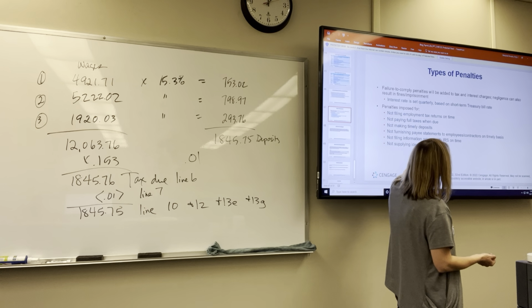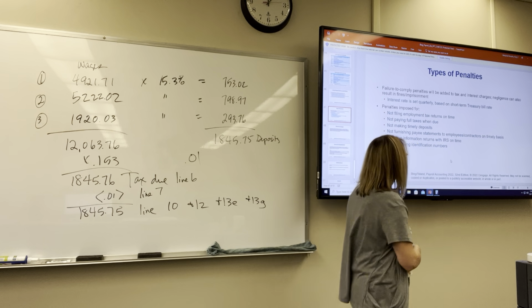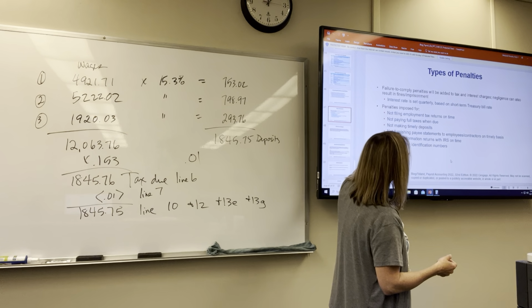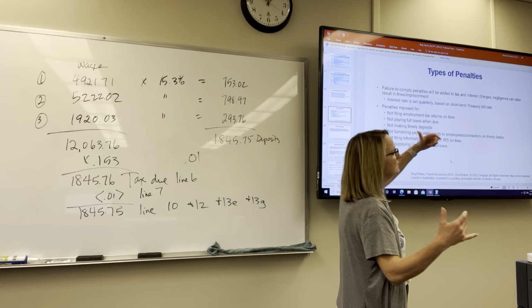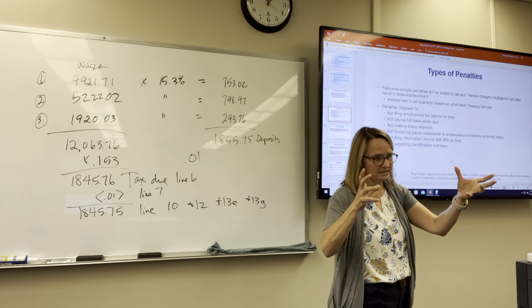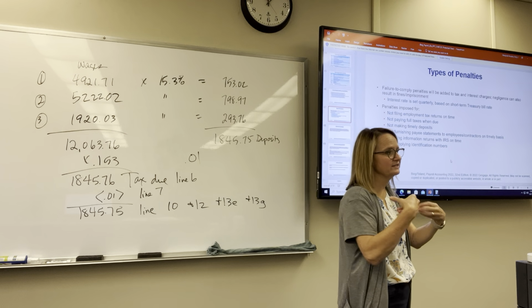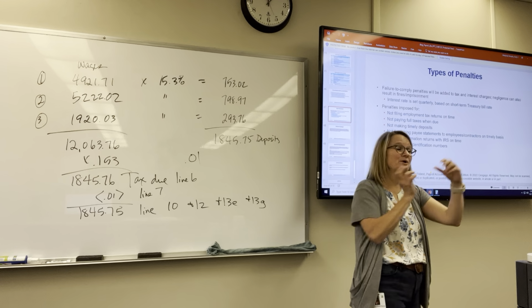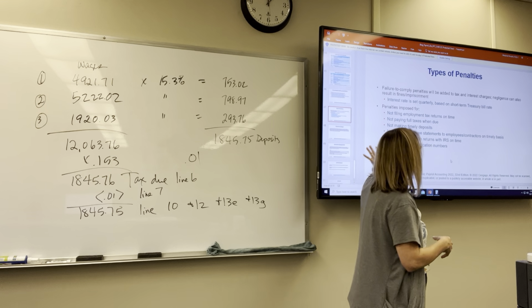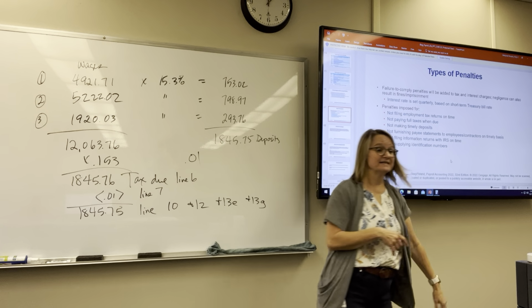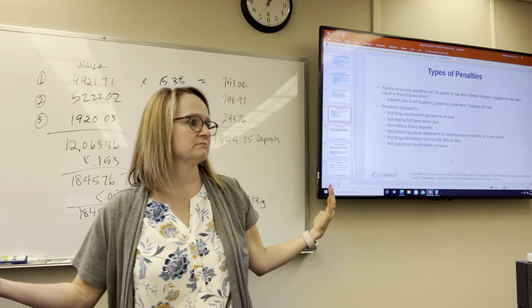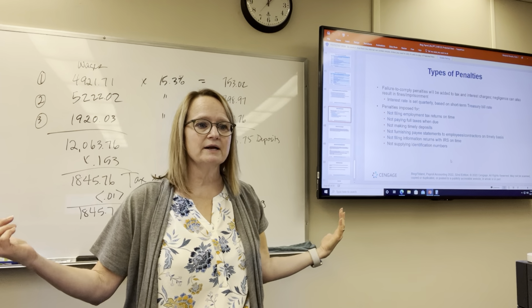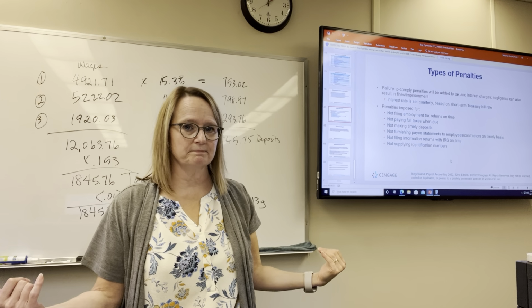Not filing information returns with the IRS on time. So those would be any type of information returns. That would include the 1099s, which have a reconciliation form as well called a 1096, just like the W-2 has the W-3. So that would be included in that. Not supplying identification numbers. So if you issue a bunch of W-2s and you don't have social security numbers on any of them, that's a problem.